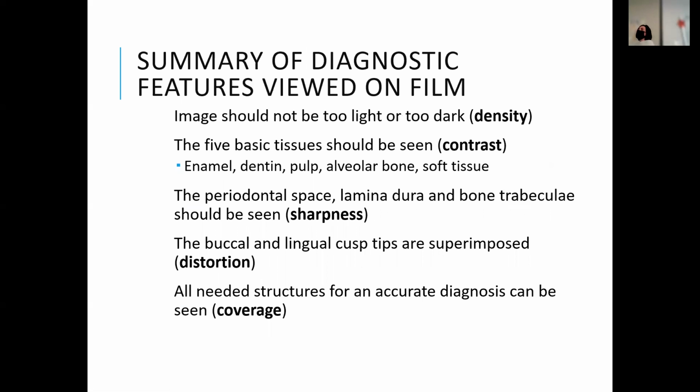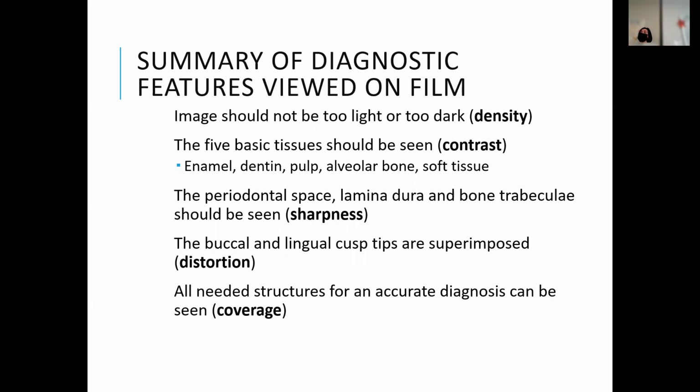Okay, so in summary, the image should not be too light or too dark with the density. The 5 basic tissues should be seen with good contrast: we see the enamel, dentin, pulp, alveolar bone, and soft tissue. So those are your 5 basic tissues that you would expect to see if the contrast is set really nicely.